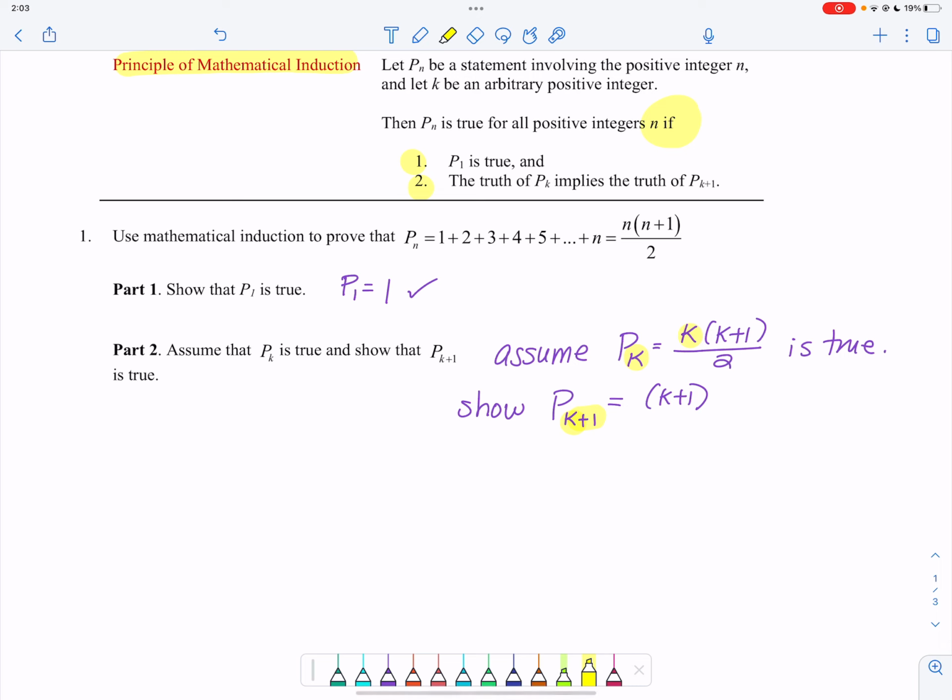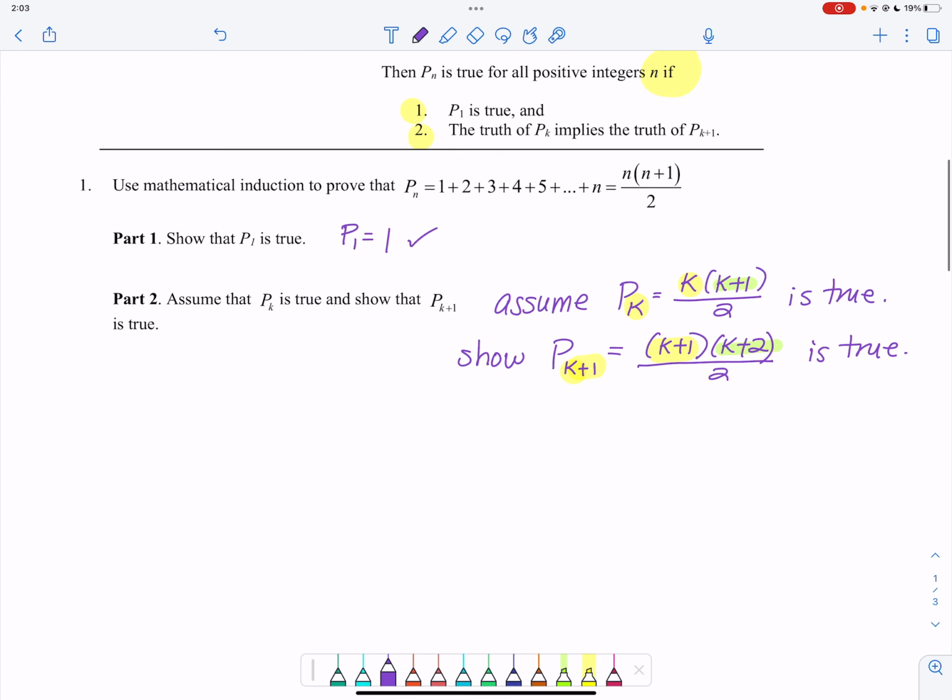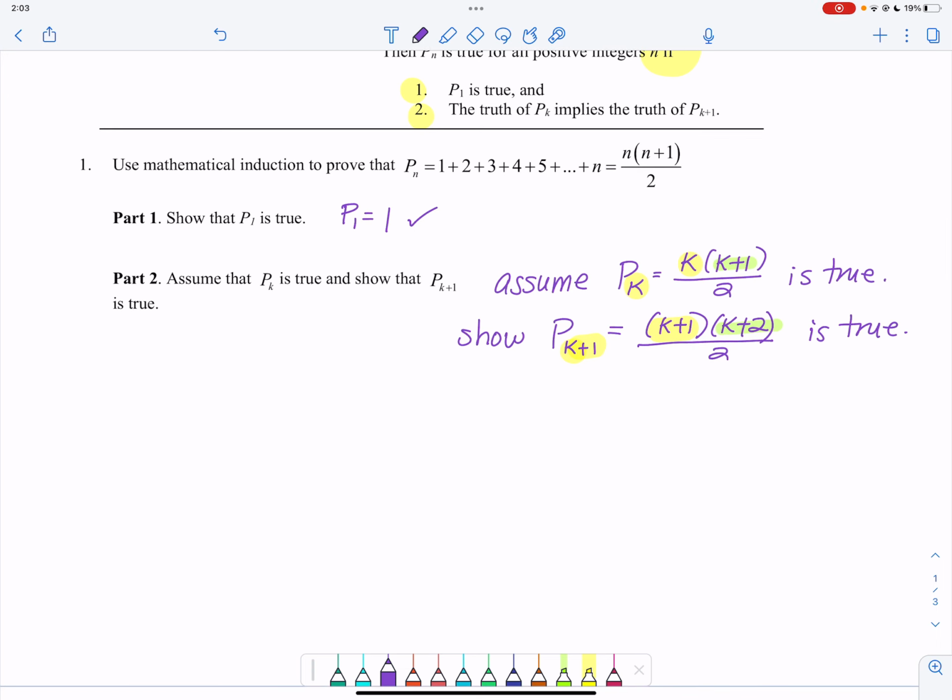We're going to be adding 1 to this k also, and adding 1 here, you guessed it, will give us k plus 2, and then dividing by 2. And we're going to show that P sub k plus 1 is true. Okay?